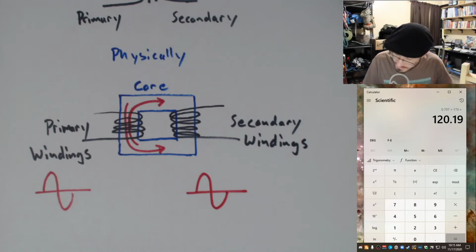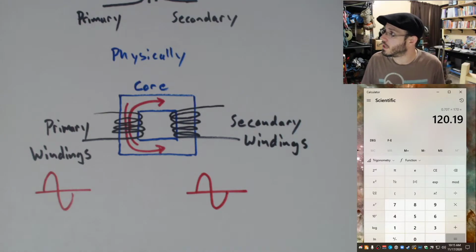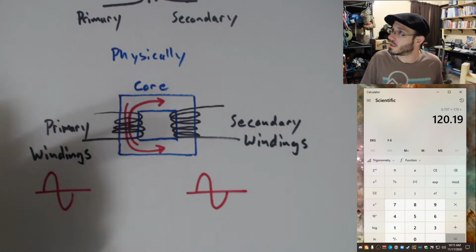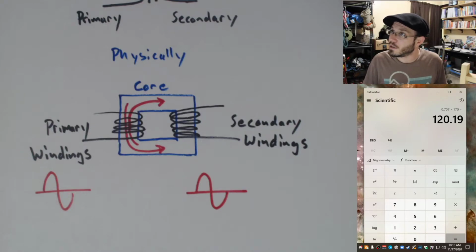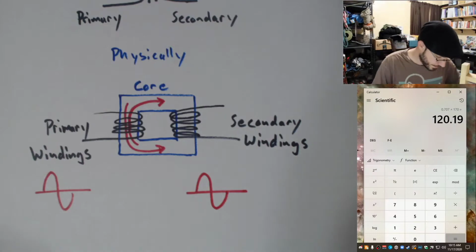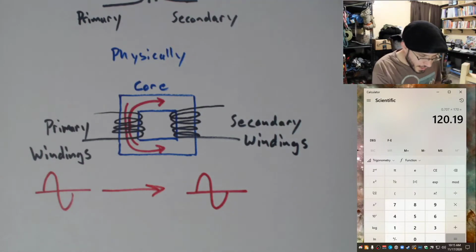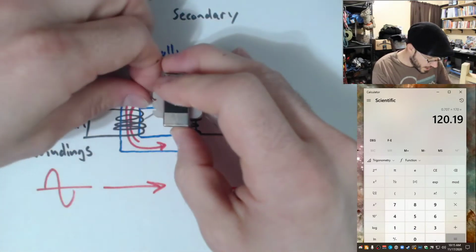And in fact, this might be a fun time for me to go ahead and fire up our oscilloscope and function generator, and we will see the AC going into a transformer and the AC coming out of a transformer. So let's go ahead and take this transformer here.